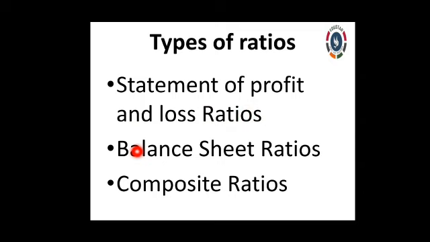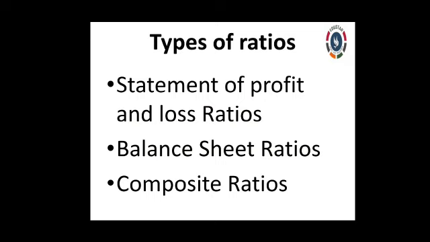Okay, and then balance sheet ratios. Balance sheet ratios mean both variables are taken from the balance sheet. For example, the ratio of current assets to current liabilities is known as the current ratio. It is calculated using both figures from the balance sheet.